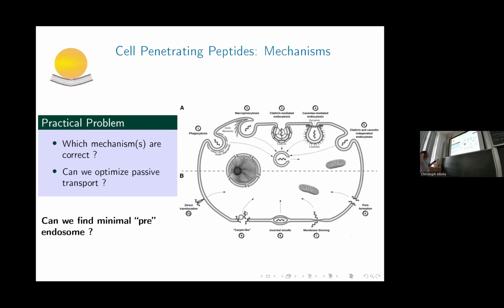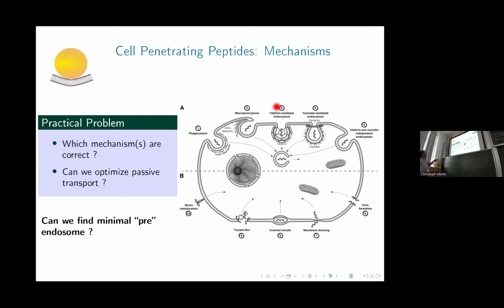And the other thing is that, again, there are a lot of different mechanisms that were proposed in the literature for how these cell-penetrating peptides enter cells. I already talked about this direct translocation mechanism. Other people think that it might just dissolve the membrane or go into some inverted micelle, but it's in general very confusing.